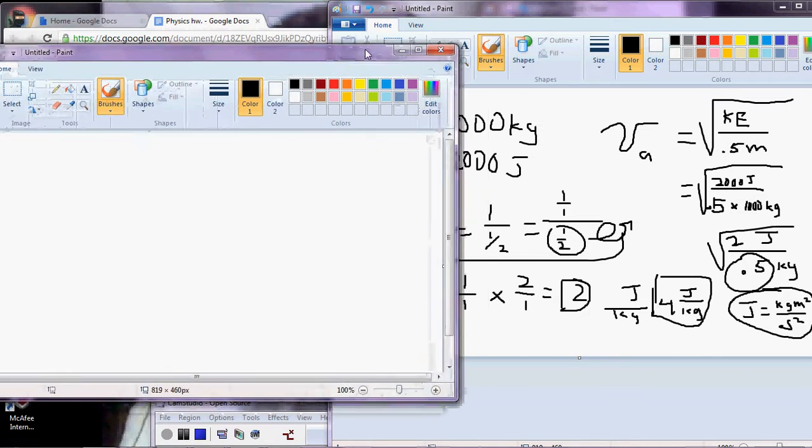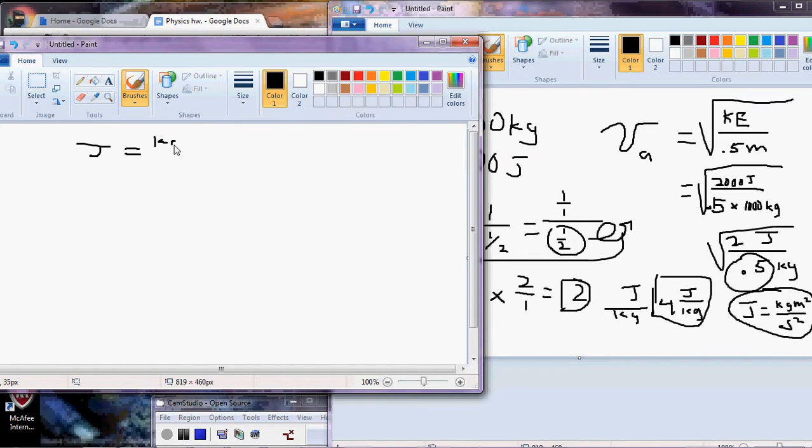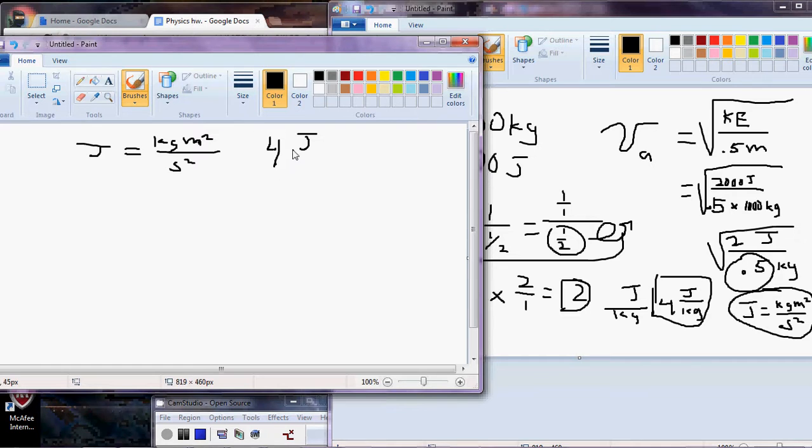So joules equals kilograms meters squared over seconds squared. Now what we have is 4 joules over kilograms.